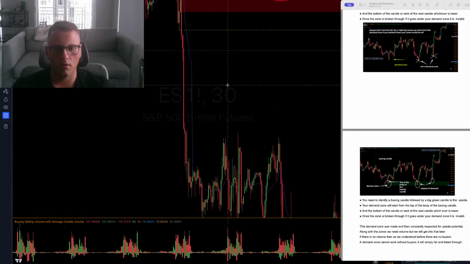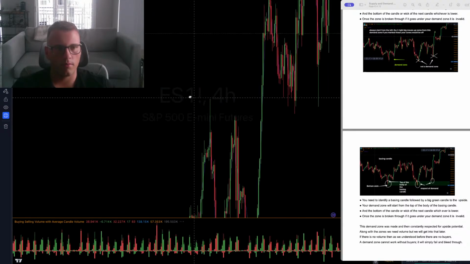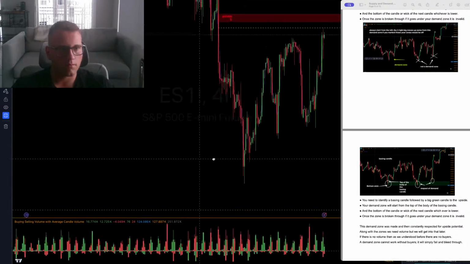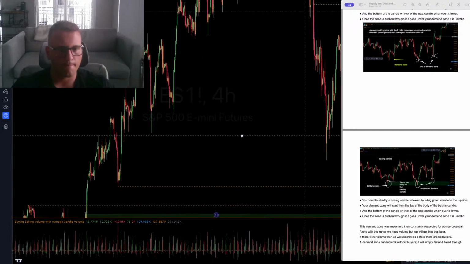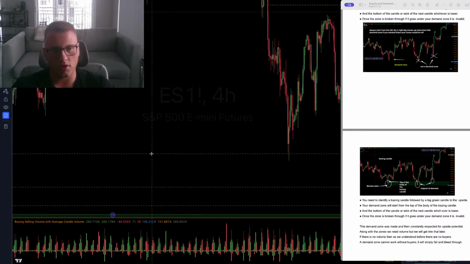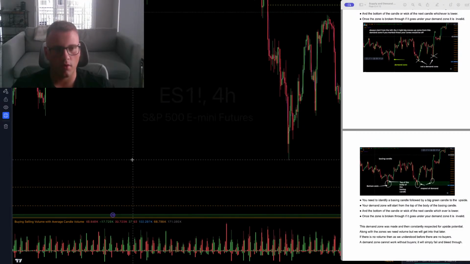Now for demand, we're going to go back to a 4 hour. Again, if I'm looking at this area, I want to look to the left first, because it's possible if we have a demand zone in here, this isn't a true demand zone.